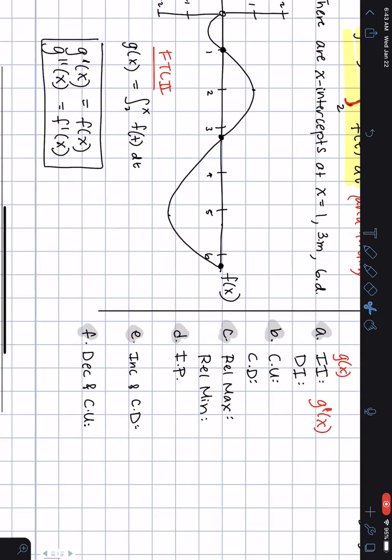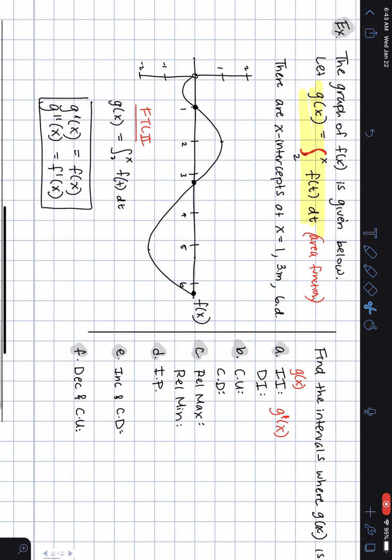Okay, let's jump in now. A says, where is g increasing? So that means that g prime of x, which, by the way, we know from right here, is f of x, should be greater than 0. And oh my gosh, this function is f of x.